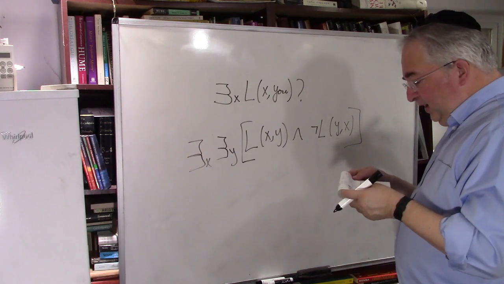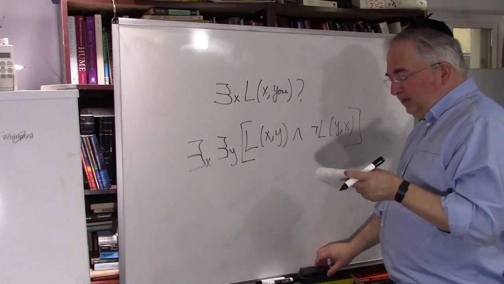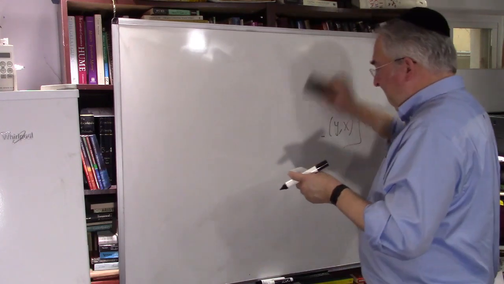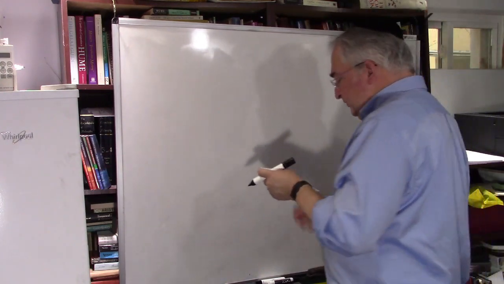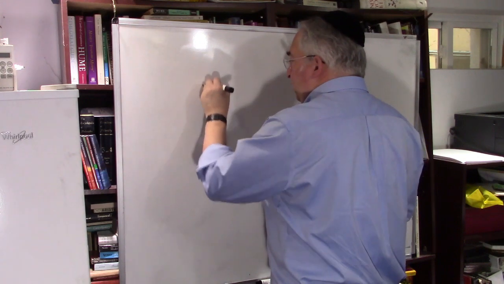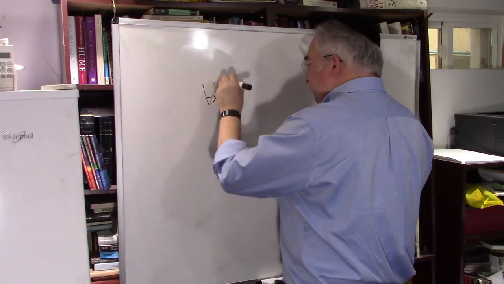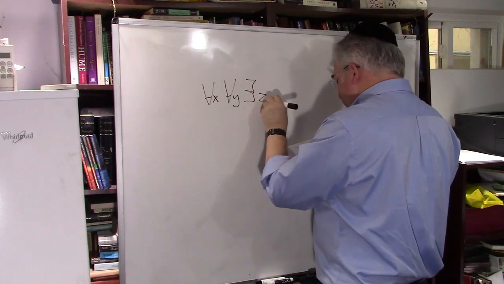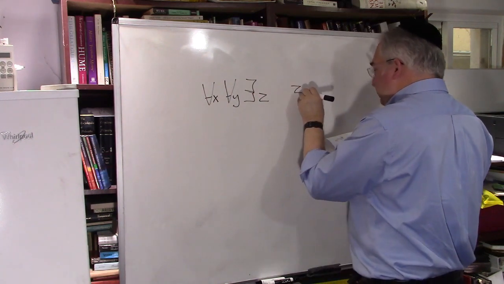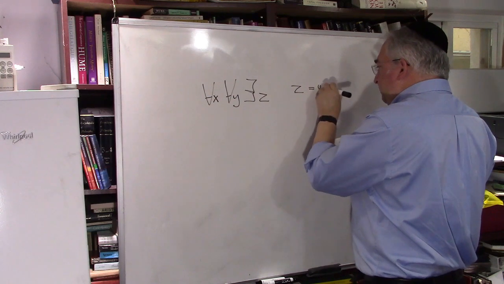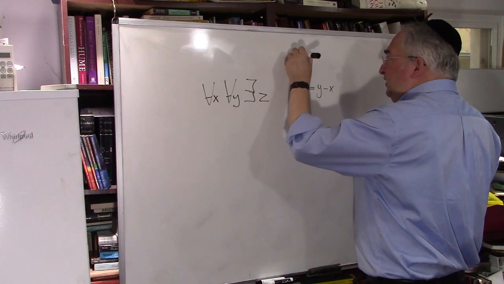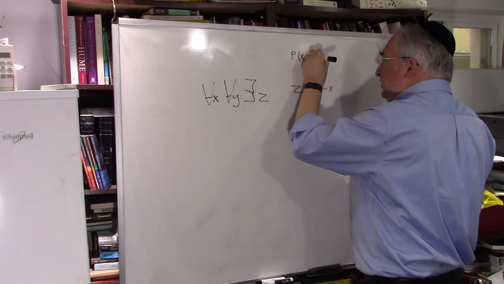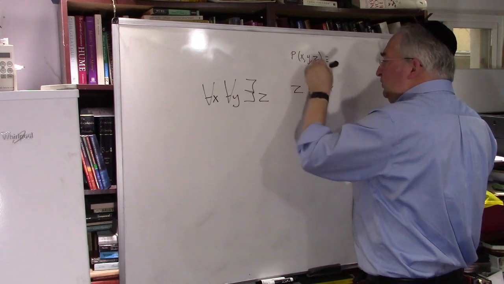Okay, let's do some more mathy examples. How about this? For all X, for all Y, there exists a Z such that Z equals Y minus X. Now this is a predicate, so we can say P(X,Y,Z) is equal to this thing.